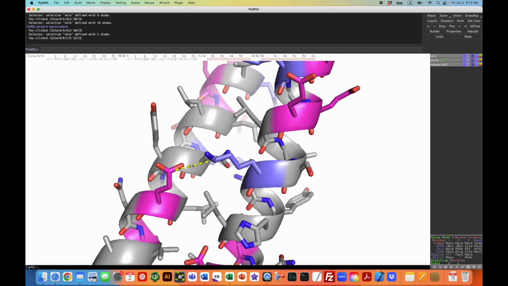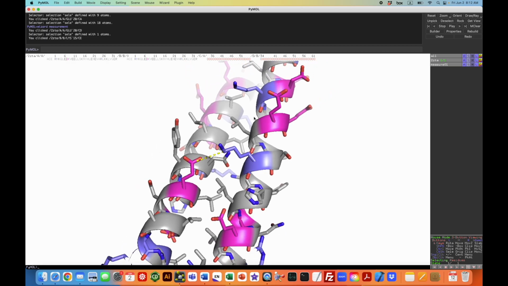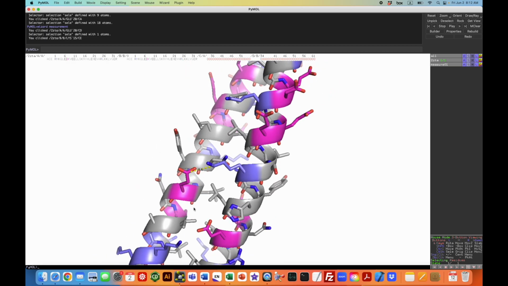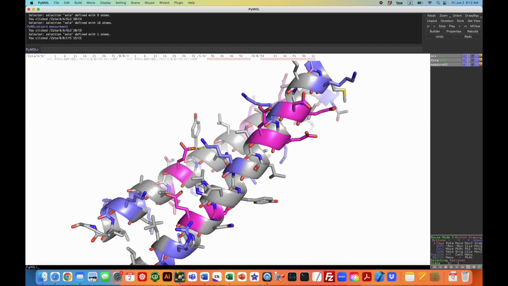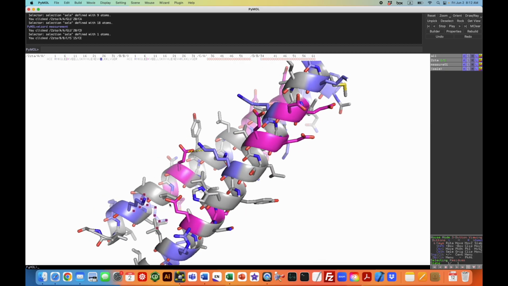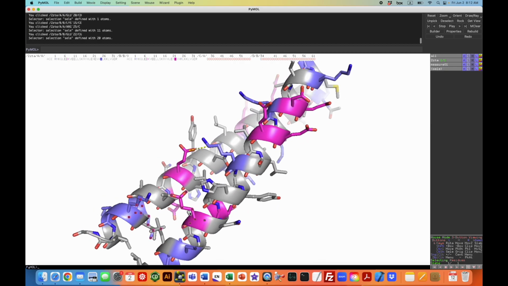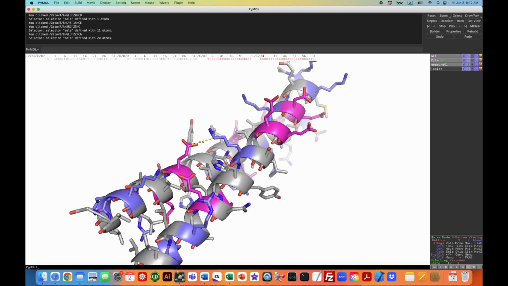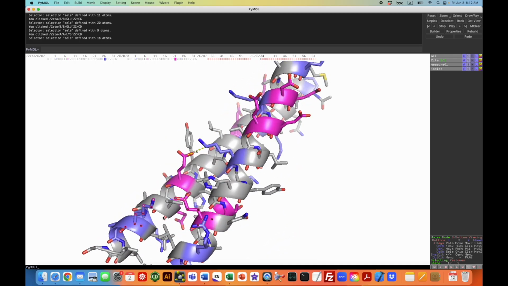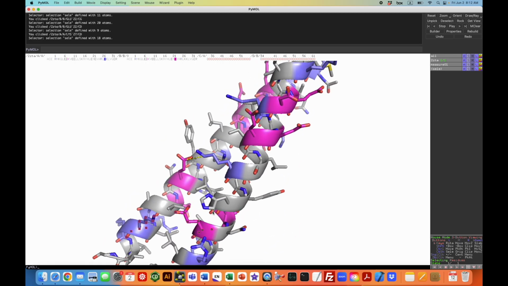And you see this at various positions all the way down the helix. There's another salt bridge pair, we might call it, of glutamic acid and a lysine on opposite helices but adjacent to each other.